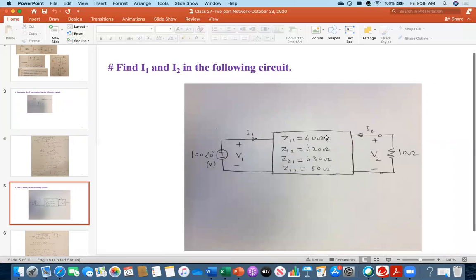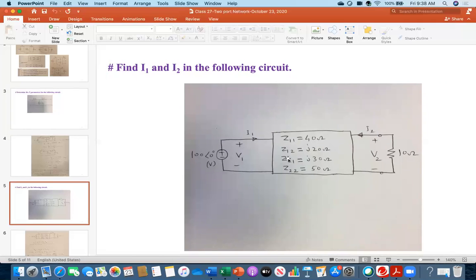Those four parameters are given. Also, the left side voltage is 100 at 0 degrees, and on the right side there is a 10 ohm component. Based on that circuit, find I1 and I2. That's the question.